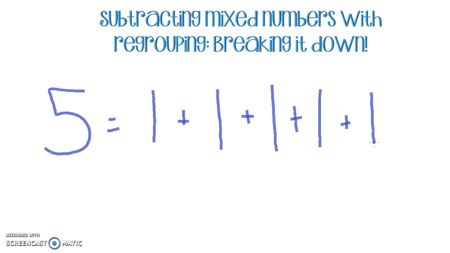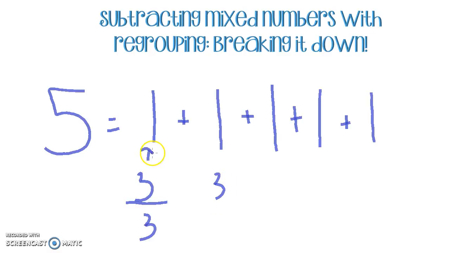Now let's say that each one of these 1s is broken down into equal parts, and we know that the numerator and the denominator would be the same to create 1. Let's say that there are 3 equal parts again. This one would actually look like this.